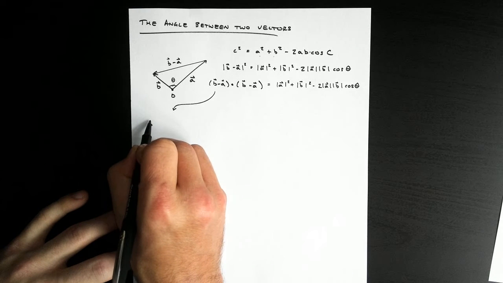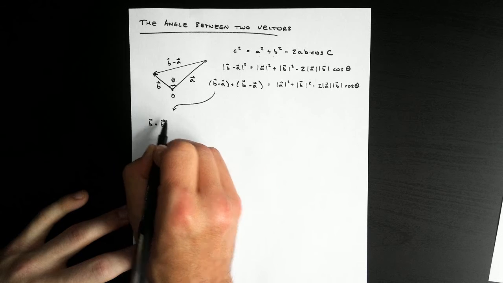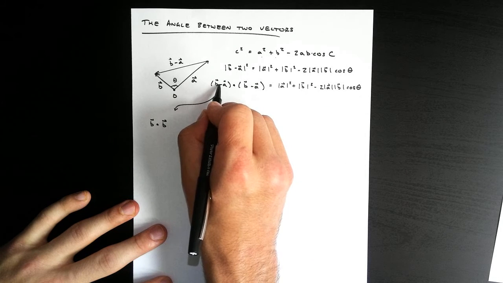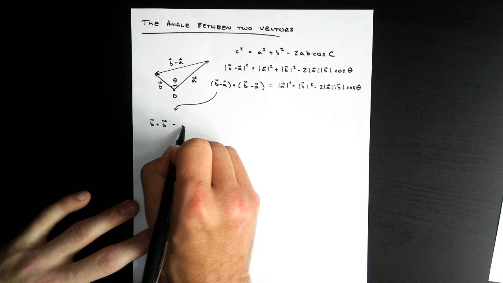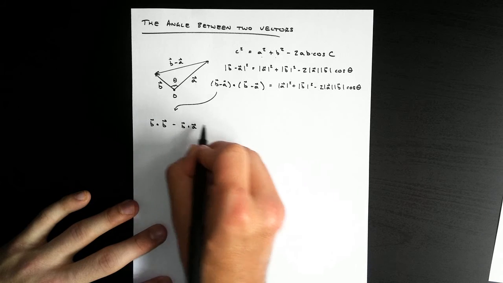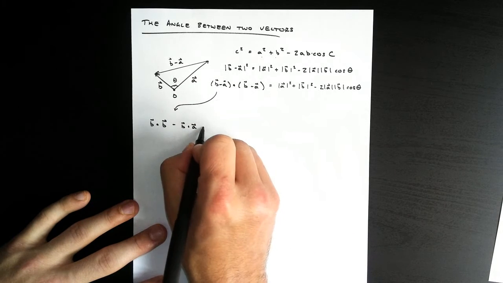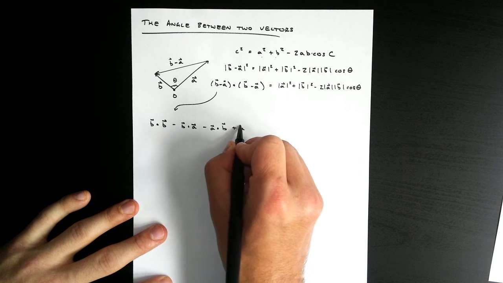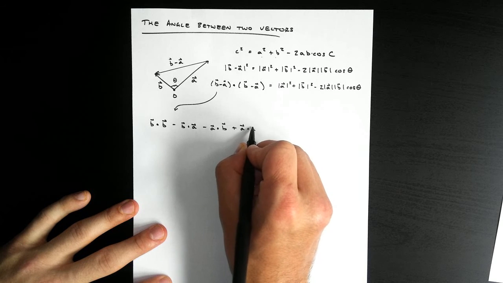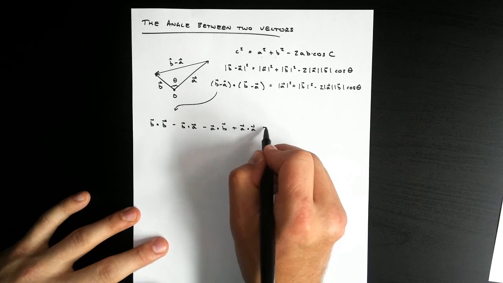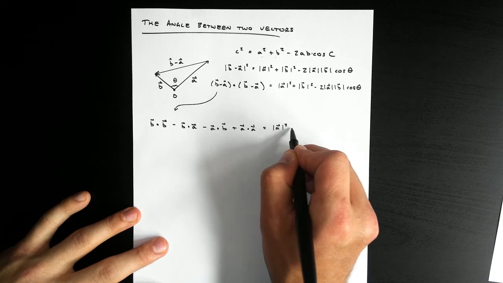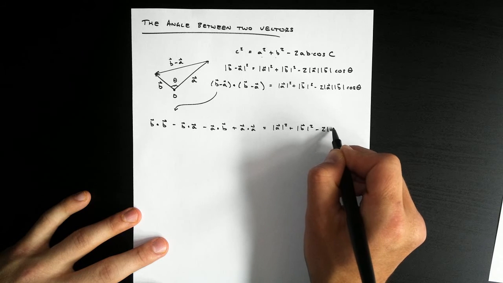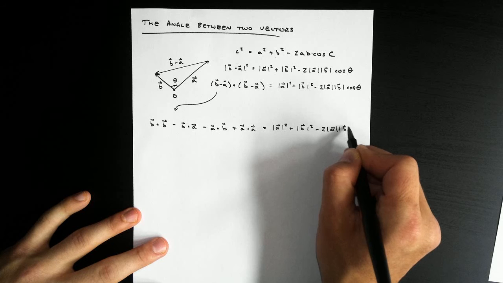We have vector b dot product with itself, minus the dot product of b and a, and then minus the dot product of a with b, and then plus the dot product of a with itself. And again, we're just keeping the other side the same for now. The reason I'm keeping it the same is we are going to get some things that cancel out, which is going to be nice.